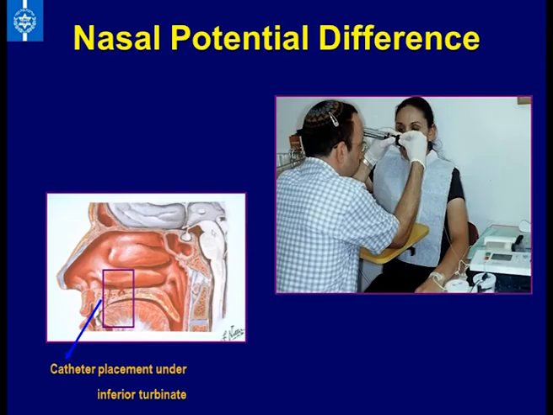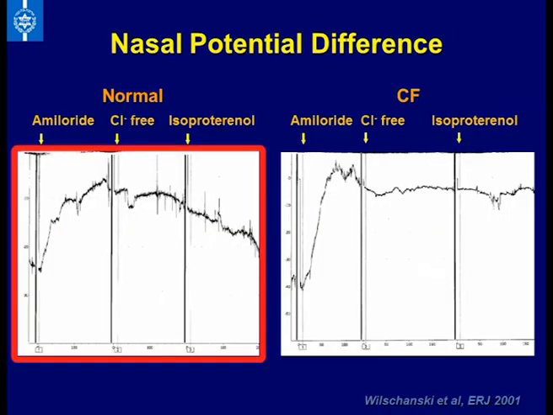A more complex test is the nasal potential difference test, which measures the electrical voltage drop between a small thin electrode which is placed on the nasal epithelium and the interstitial measurement, which is in the subcutaneous tissue on the forearm. The normal result is an electric voltage of up to minus 20 to 30 millivolts.